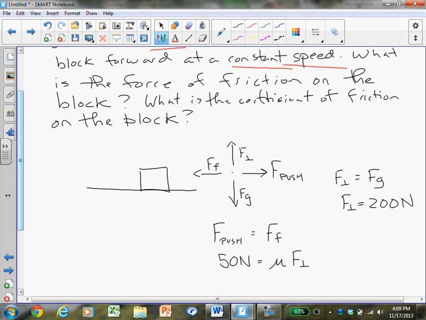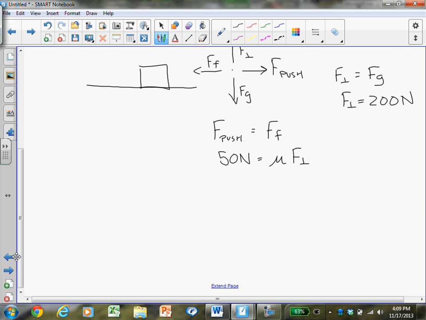We put that in and get 50 newtons over 200 newtons equals mu. Mu is unitless, by the way, it's a coefficient. 50 over 200 is obviously 0.25, which is our mu for that problem.